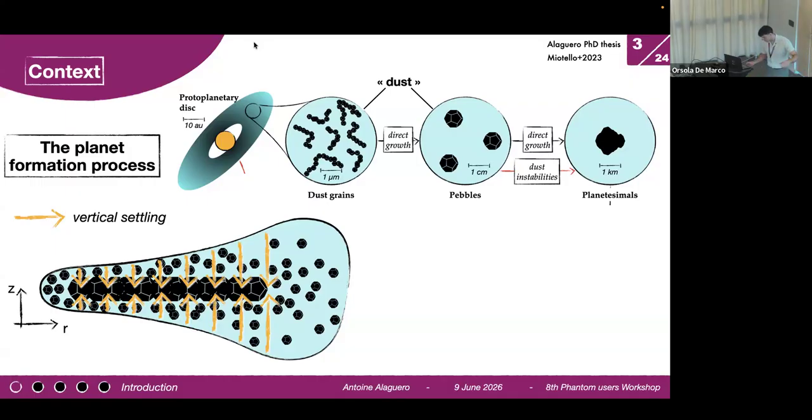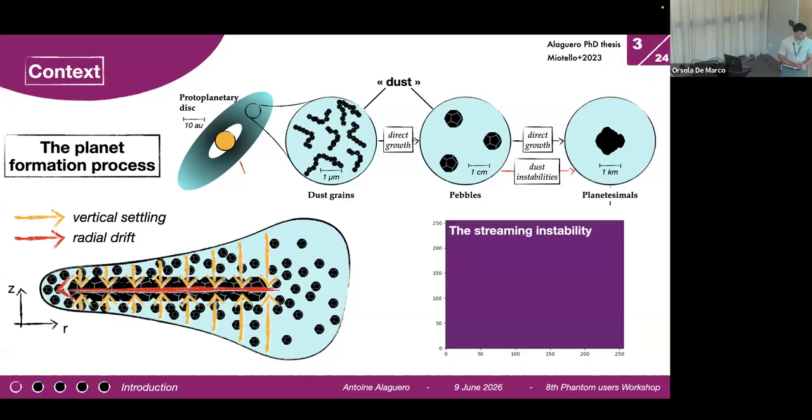But at the same time, as this dust is growing and losing angular momentum, it also drifts towards the central mass. And so basically you also have accumulation of big dust grains in the inner disk. But that also tells you that because they drift, they lose angular momentum in such a rapid way that if you want to form planets, it has to happen quickly. You have to form planetesimals quickly, otherwise you will lose all the pebbles in your disk.